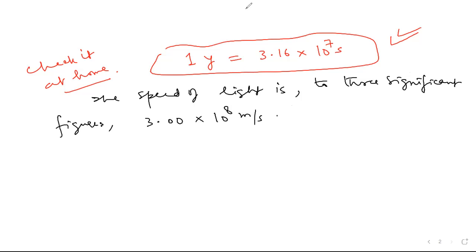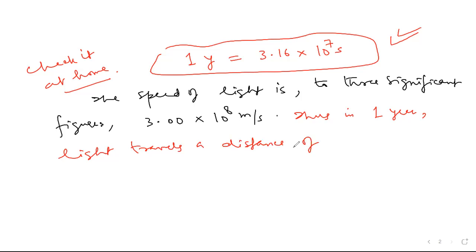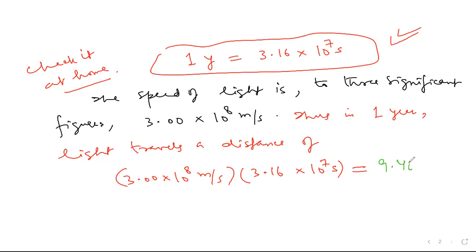Thus, in 1 year, light travels a distance of 3.00 into 10 raised to 8 meter per second multiplied by 3.16 into 10 raised to 7 seconds, which is equal to 9.48 into 10 raised to the power 15 meters. Let me encircle it.